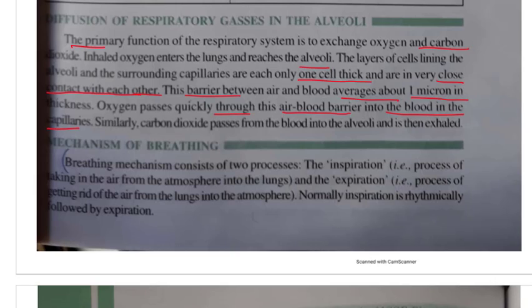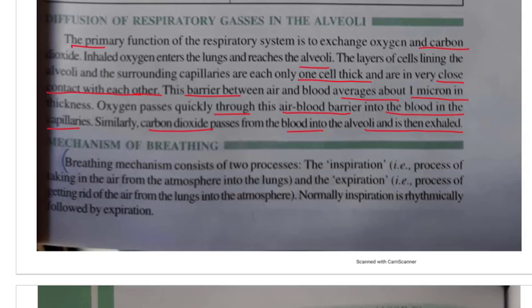In the same way the carbon dioxide passes from the blood into the alveoli and is then exhaled. So the barrier between the blood vessels and the air in the alveoli is only about 1 micron thick.